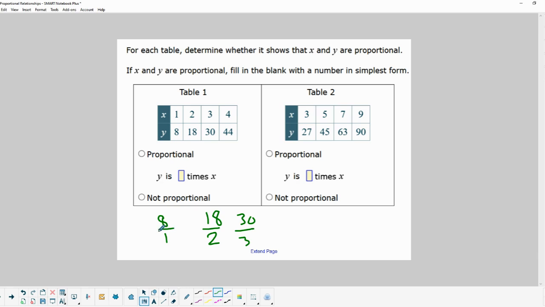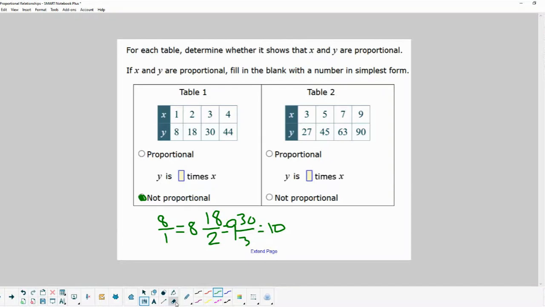So when I divide the first one, I just get 8. When I divide the second one, I get 9. And when I divide the third one, I get 10. So these ratios or these proportions are not constant. They're changing. So this is not proportional.